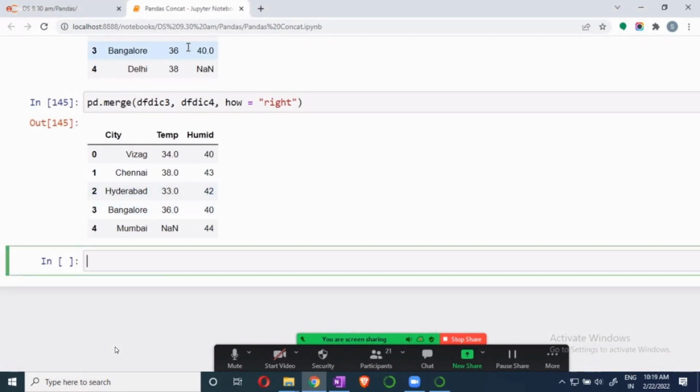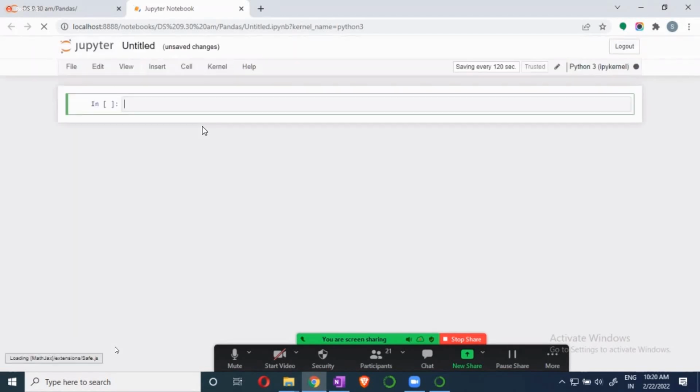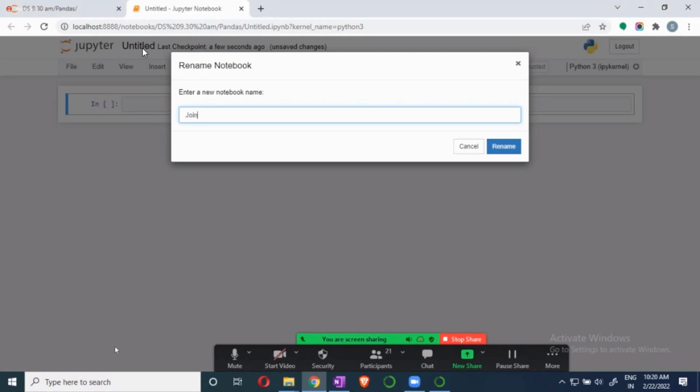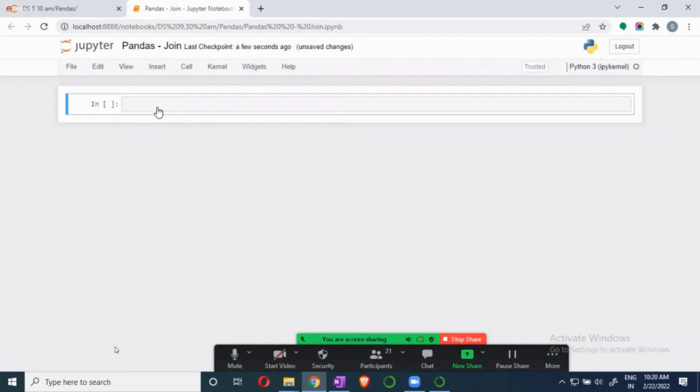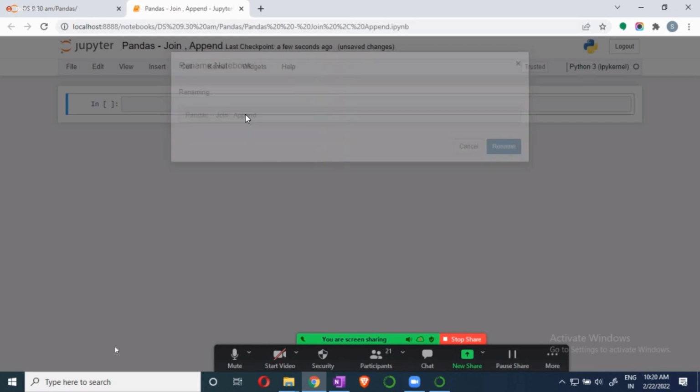Now that is called joins, guys. This is a very small concept, and there is append also. I am going to cover both joins and append. They are very, very small. Okay.